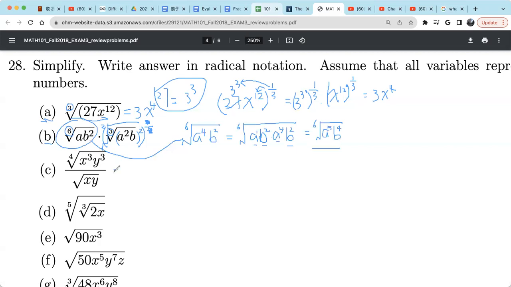Now let's see C. In C, the index in the numerator is 4. The index in the denominator by default is 2. We would play the same trick, right? We want to add another layer of index. We square root this, then we put the power. Same as before, we raise by 2 over 2.